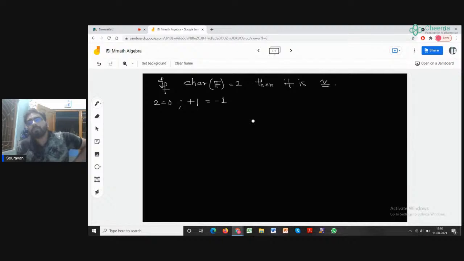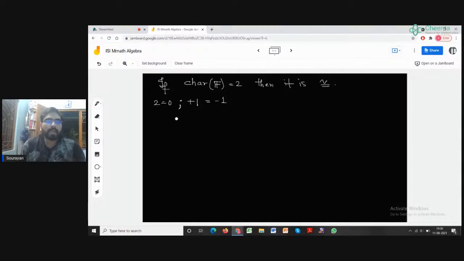Characteristic of the ring is the smallest number which, if you multiply with every element of the ring, you are going to get 0. Since it's a field F, it contains the unity 1 as well. And if its characteristic is 2, then 2 times 1 is always 0. Thus 2 is 0, and hence we have that +1 is equal to -1.